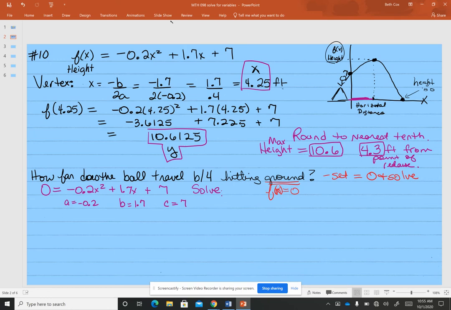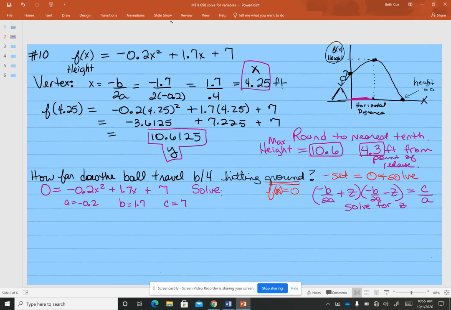Now the new method is going to take into effect negative B over 2A plus Z, negative B over 2A minus Z, and that's supposed to be equal to C over A. I solve for Z and then plug in for my answers.